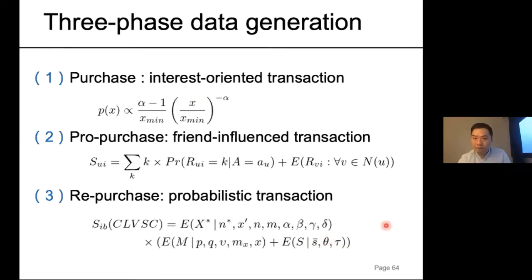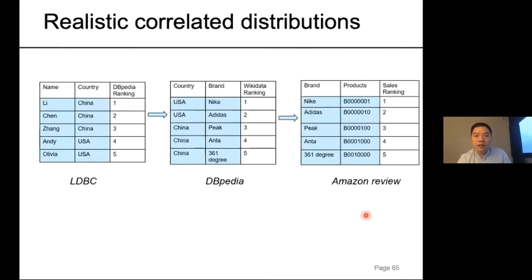Okay. We collect the metadata from Amazon review, the LDBC graph and the DBpedia, and we correlate the metadata using realistic distributions.